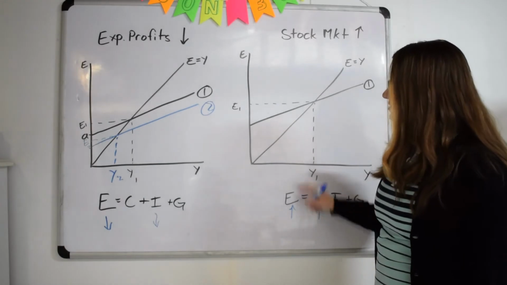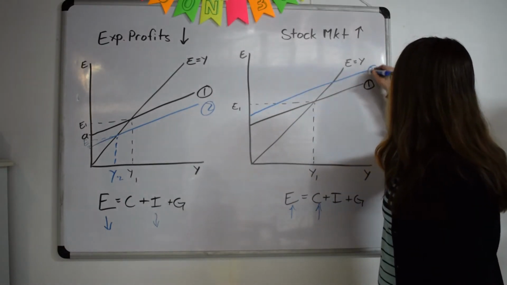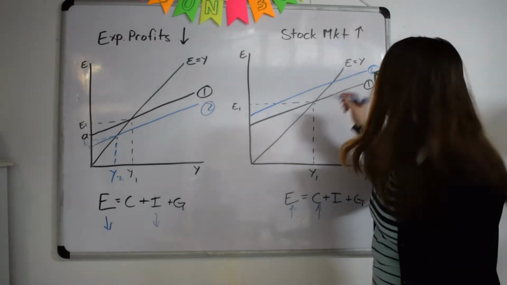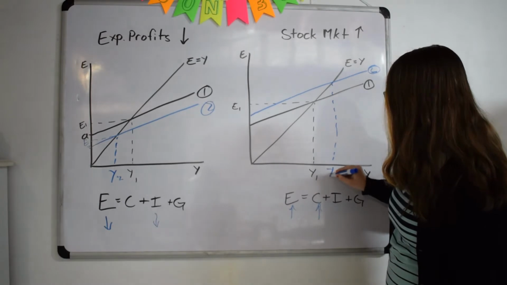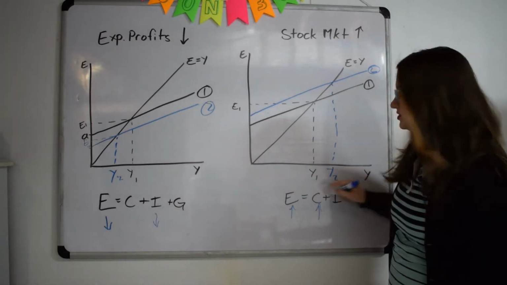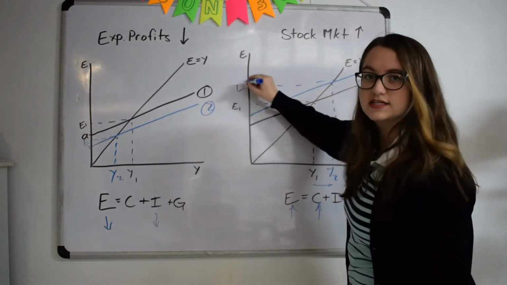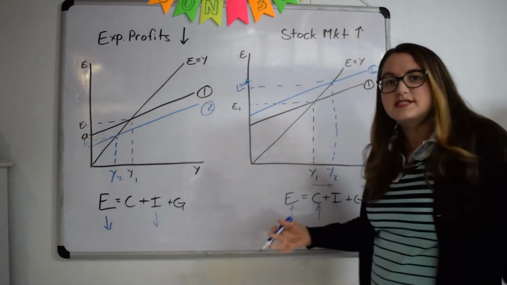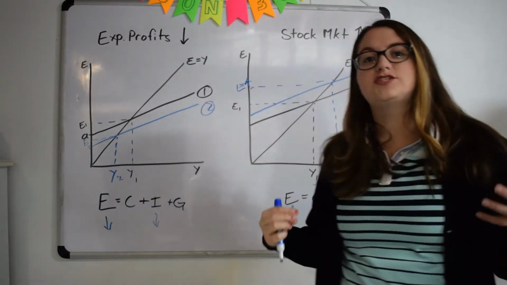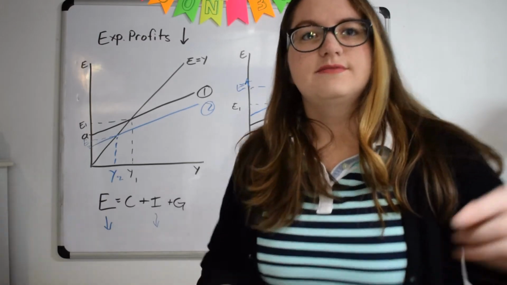When expenditure increases, we know that this line will shift up. When this line shifts up, we find the new equilibrium where it crosses the Keynesian cross. Y2 shifts to the right, and we see an increase in expenditure. Okay? Pretty simple. Just remember those relationships in the investment and consumption functions.